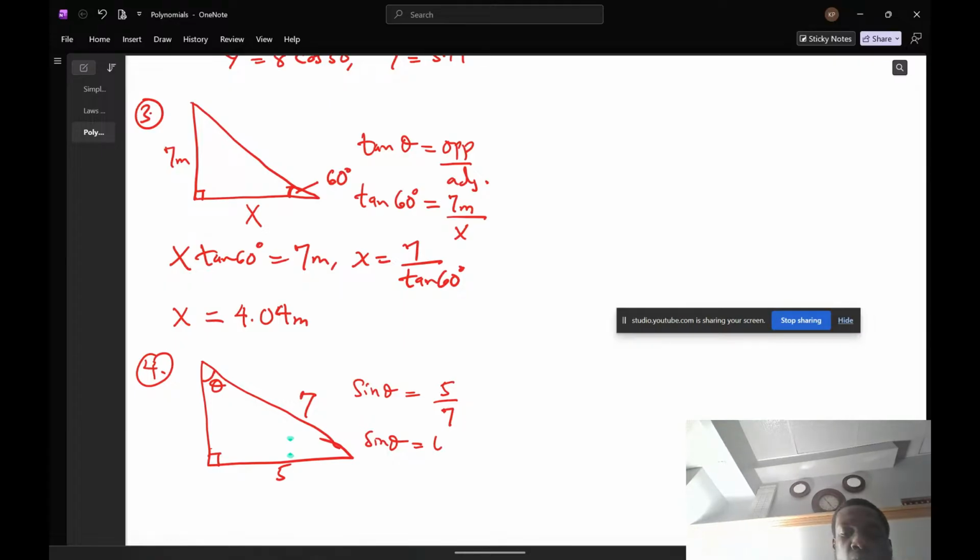So that's 0.7142. So theta is equals to arc sine 0.7142.